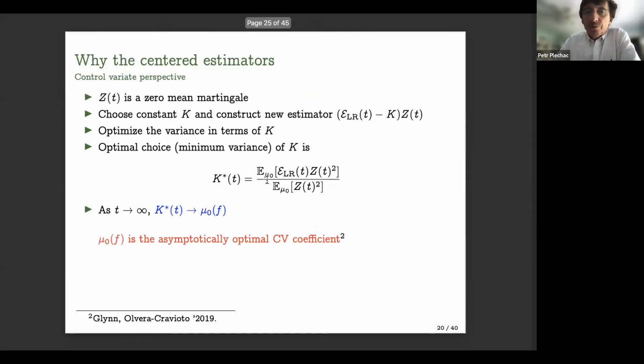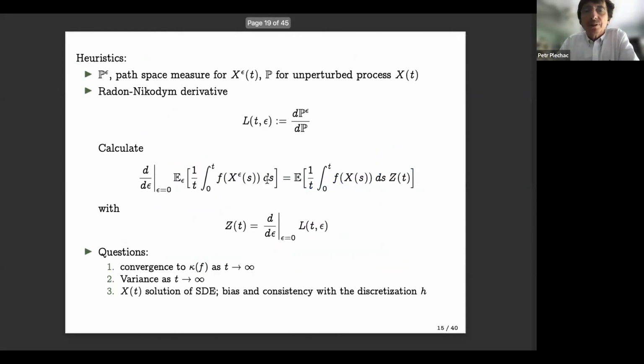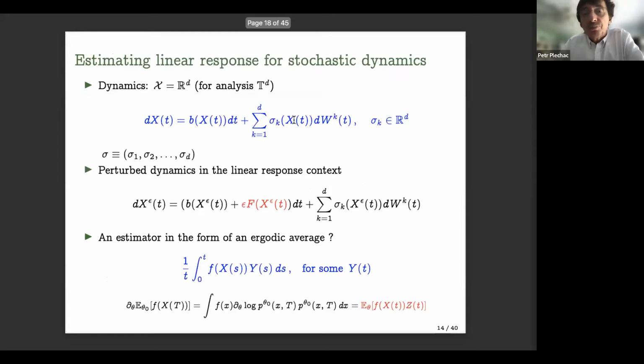So it's a change of measure, or Girsanov type of argument, that the perturbed system has this measure P epsilon, and you can compute the Radon-Nikodym derivative, which corresponds to changing the measure for this process to the one without the epsilon, or epsilon equal to 0.